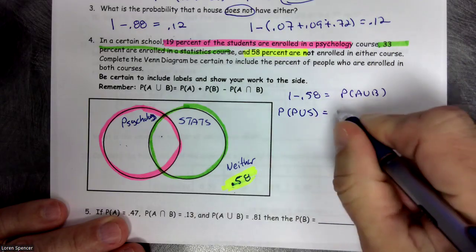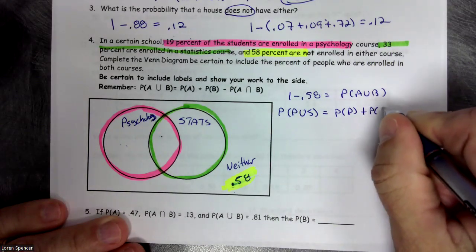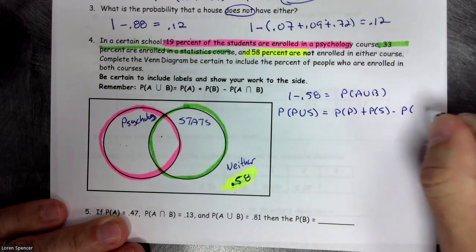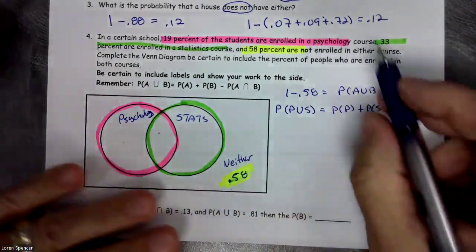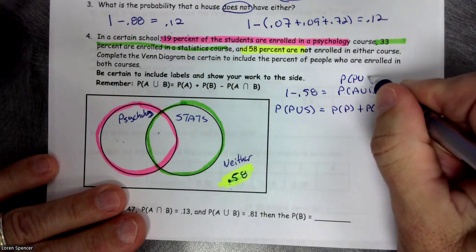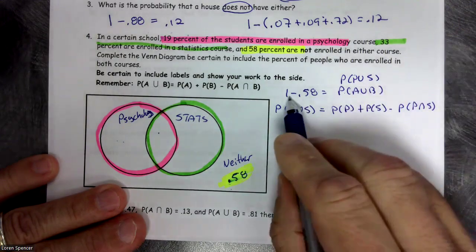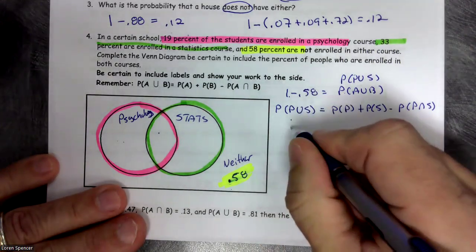Okay, so 1 minus 0.58 gives me this. So this right here is 0.42. Well, that means the probability of psychology is 0.19.